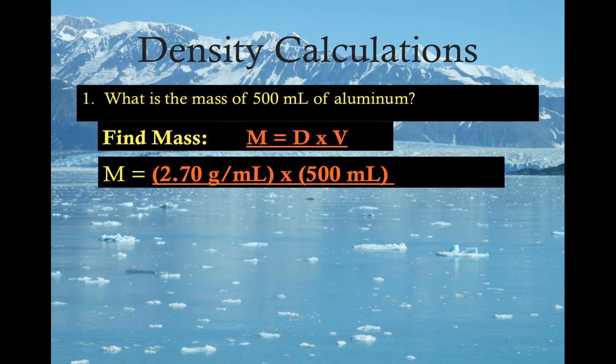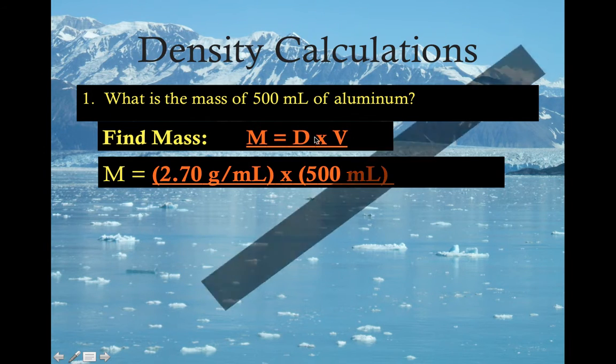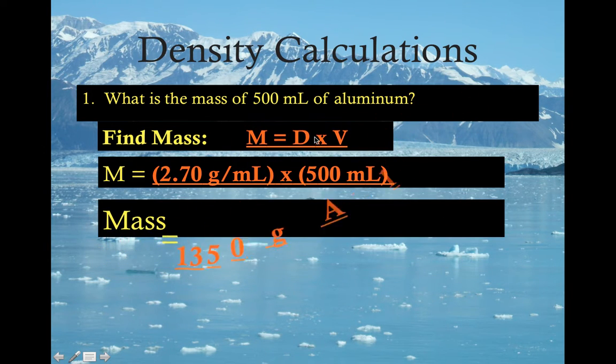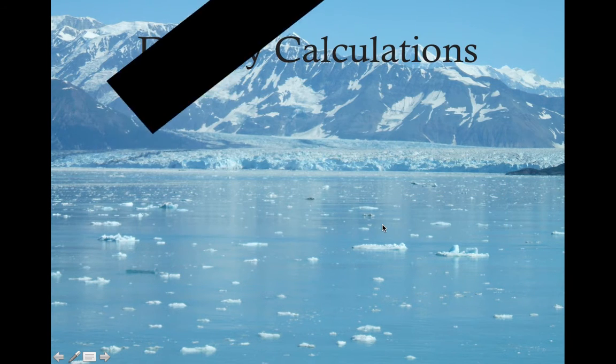We write our numbers in. The 2.70 grams per milliliter was found on the periodic table for aluminum. We do our multiplying, our answer will come out in grams. And that's how you're expected to show it. Formula, substitute numbers, answer with proper units. Looks pretty easy, because it is.